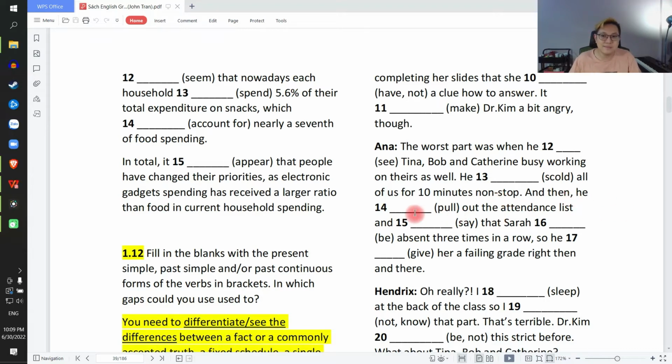And then he pulled out the attendance list and said that Sarah was absent three times in a row. So he gave her a failing grade right then and there.